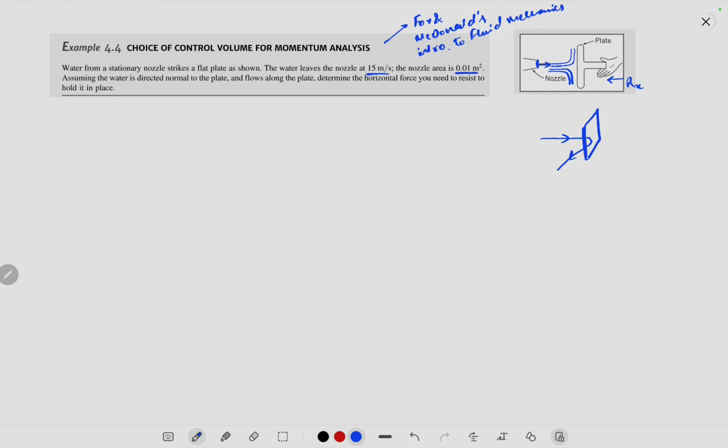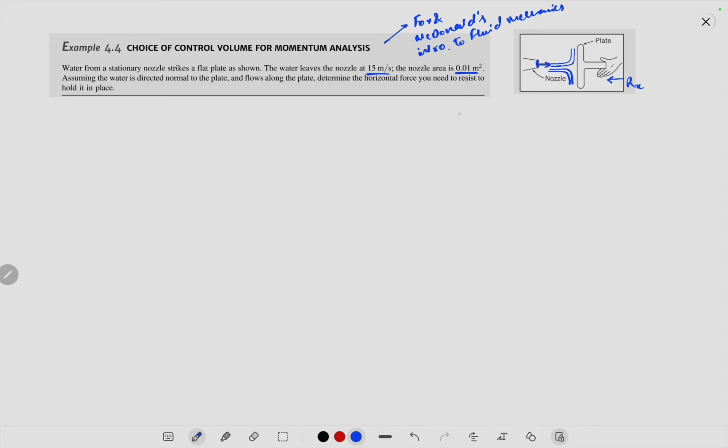Because of this change of momentum, this fluid will impart a force on this plate like this. To counterbalance that force, you have to provide some force in this direction so that the plate would remain stationary.